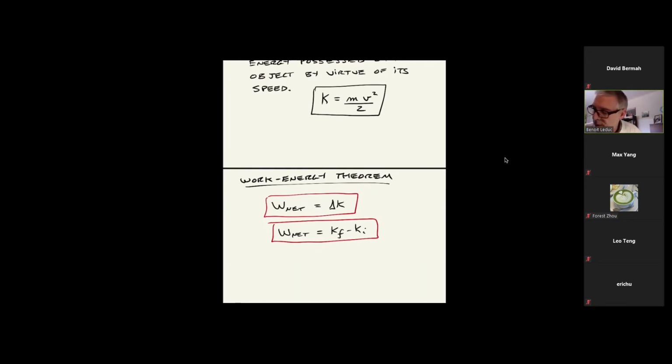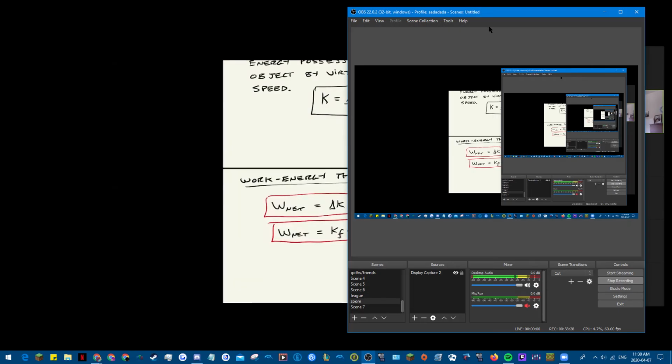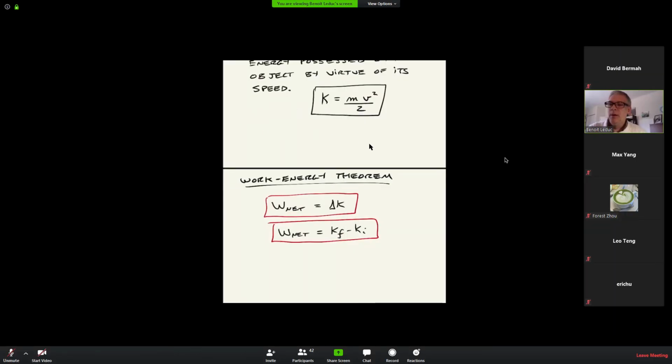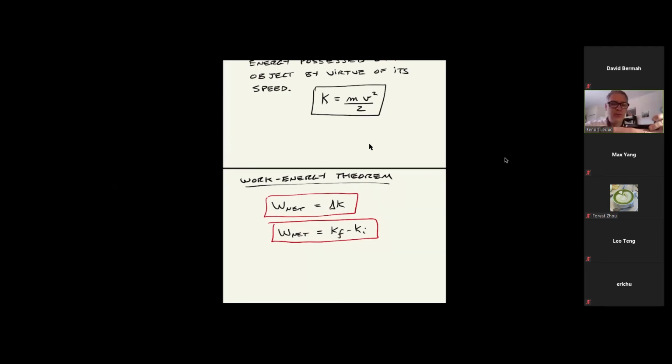So what it says right here is that if the net work is positive, then this is going to be positive. That means the final kinetic energy will be greater than the initial kinetic energy. So positive work will help to speed up an object. In contrast, I'm not going to move this, I don't want my iPhone to fall. But if I push this and let go, it will come to a stop.